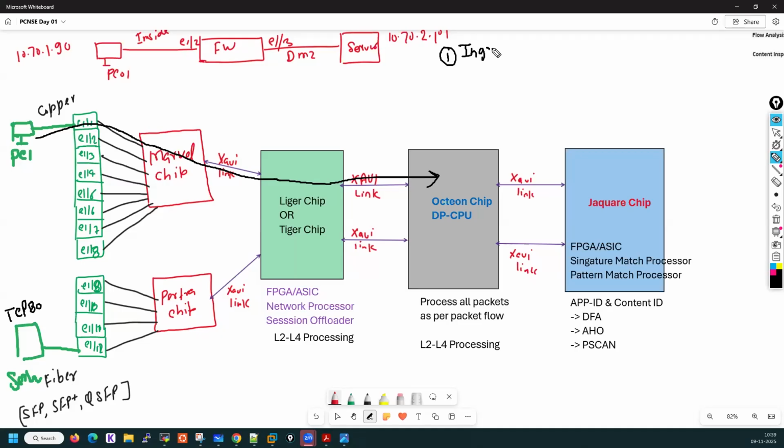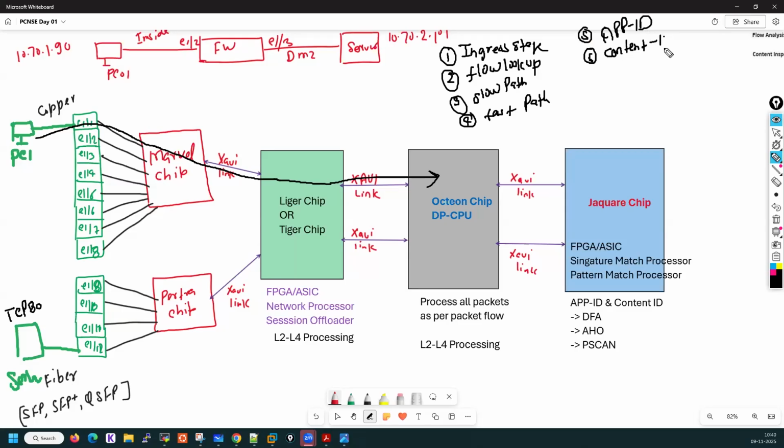Yesterday I told you: ingress stage, flow lookup, slow path or session setup stage, fast path, App-ID, Content-ID, and the forwarding. Those are the 7 stages.